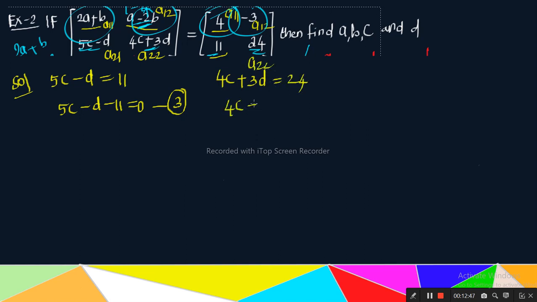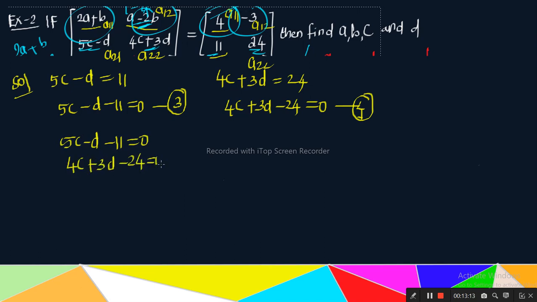So 4c plus 3d minus 24 is equal to 0. This is equation number 4. Now if I solve both equations by those two methods, we'll get the values of c and d. So 5c minus d minus 11 is equal to 0, and 4c plus 3d minus 24 is equal to 0.